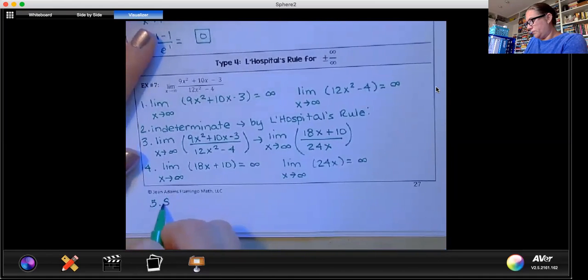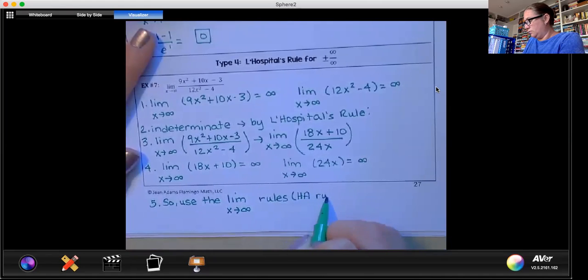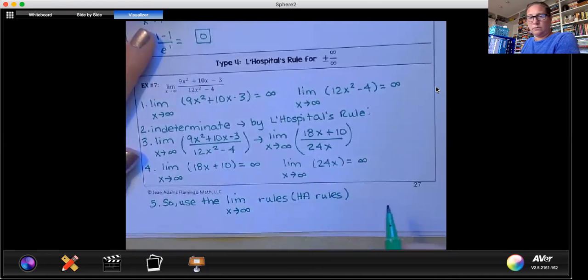So use the limit as x approaches infinity rules, which are the same as your horizontal asymptote rules. So this limit as x approaches infinity would be 18 over 24.